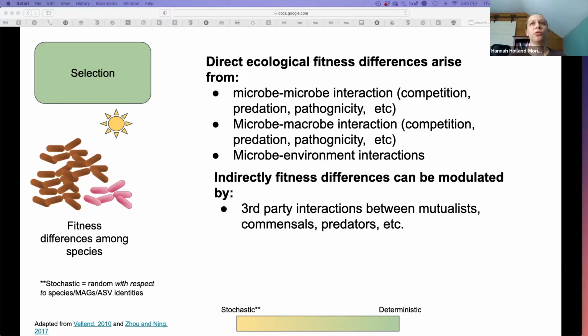And those fitness differences might come about in microbe-microbe interactions, microbe-macrobe interactions, or microbe-environment interactions where you have maybe pH or salinity selecting for organisms. And then there are also indirect interactions where maybe a mutualism allows a species to survive in one environment and compete, whereas in the other environment, when the mutualist is not there, they are a very poor competitor. And so we think of these as being very deterministic with respect to species identity.